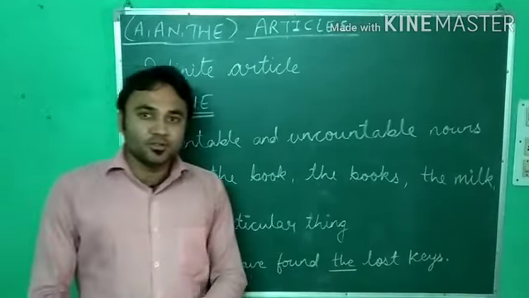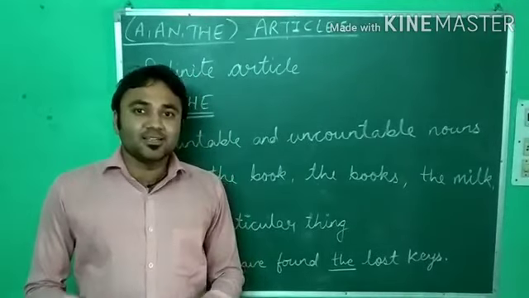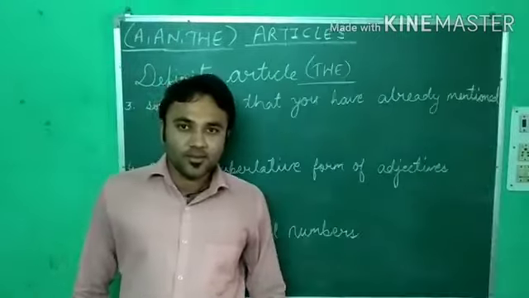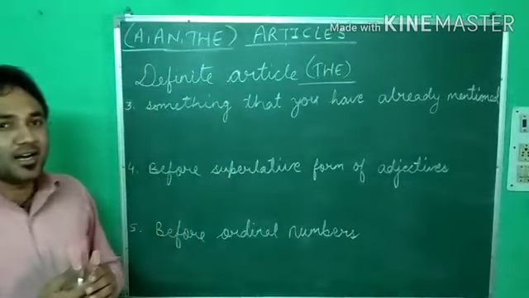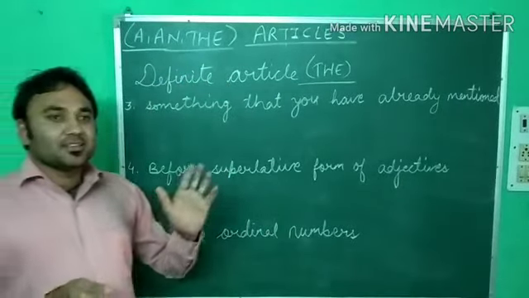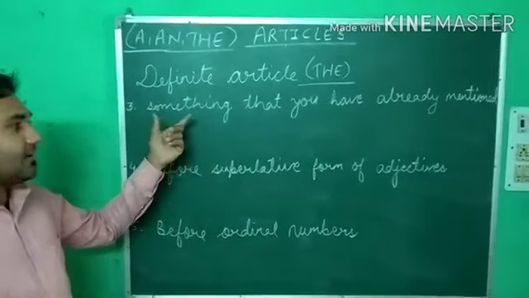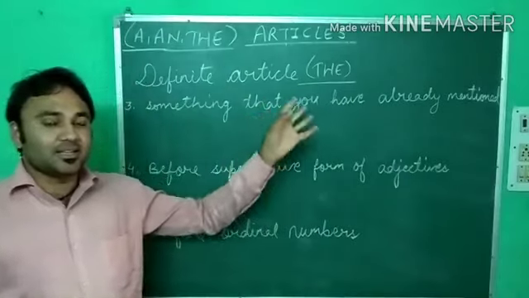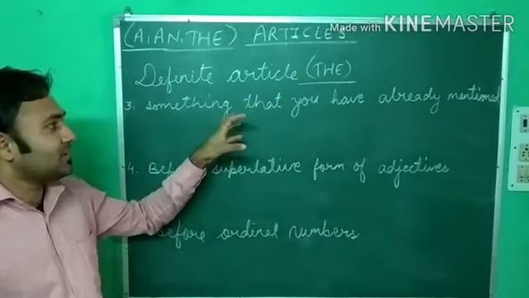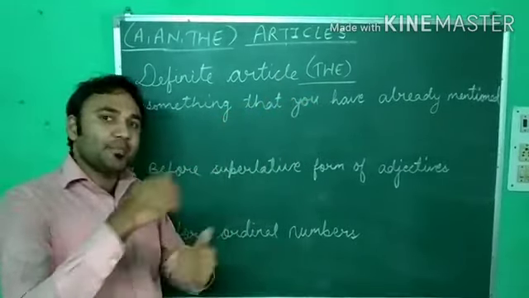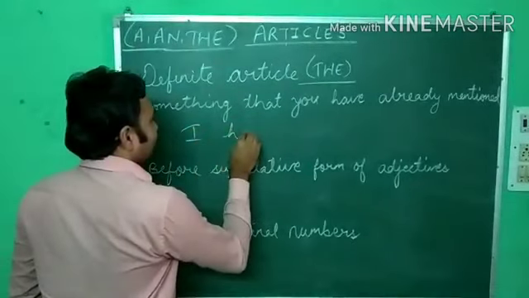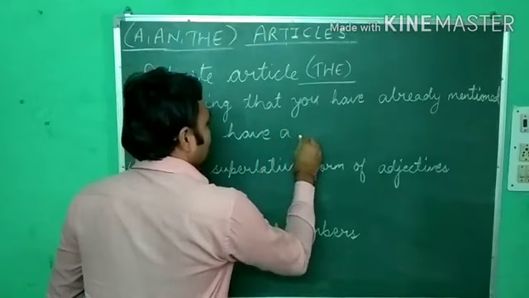Okay, now let us see the next use of article the. Third rule of using article the is that when you talk about something that you have already mentioned, means article the is used before the things that you have already mentioned in your sentences. For example, I have a car.